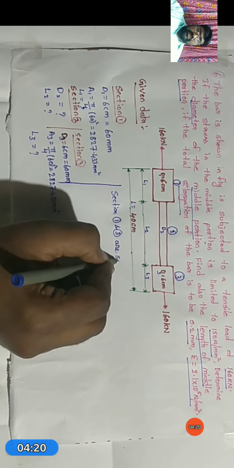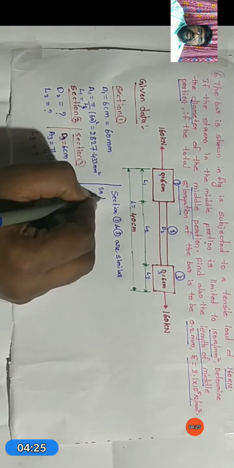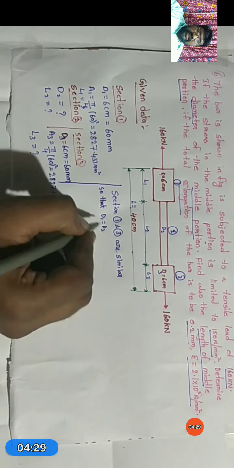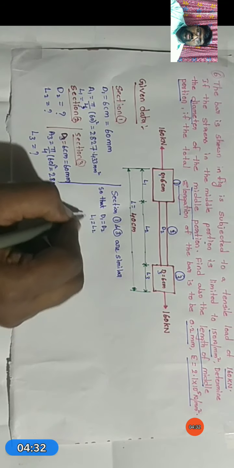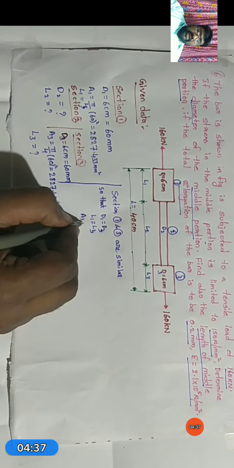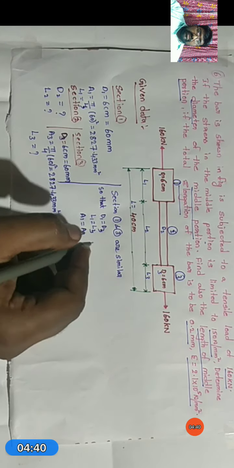So we can write D1 equals D3 equals 6 centimeters, that is 60 millimeters, and L1 equals L3 and A1 equals A3. That is diameter 60 mm, length we need to calculate, and area is 2827.433 millimeter square.